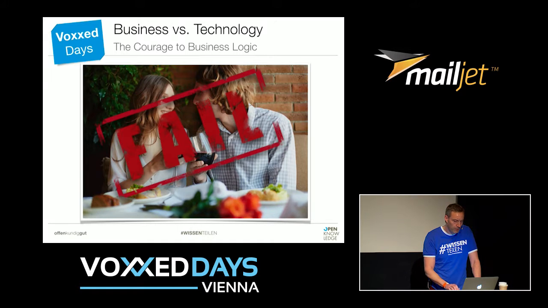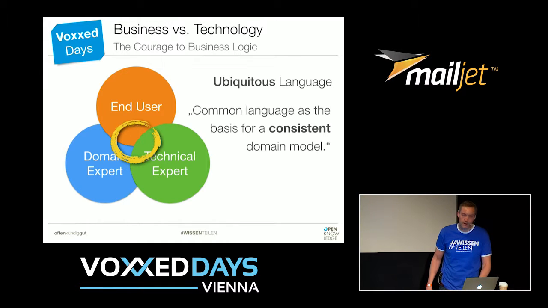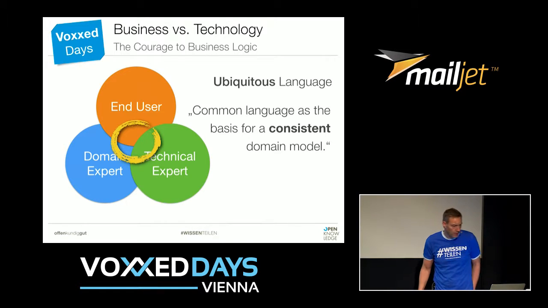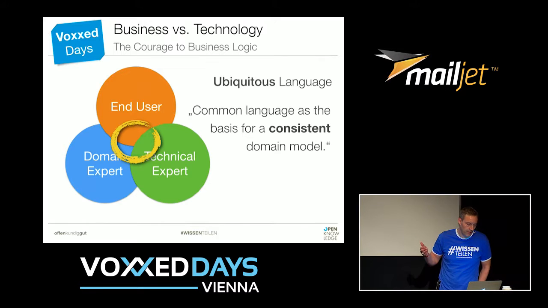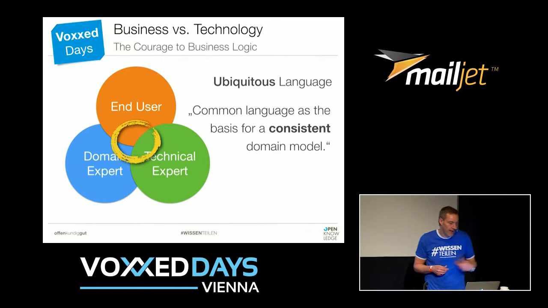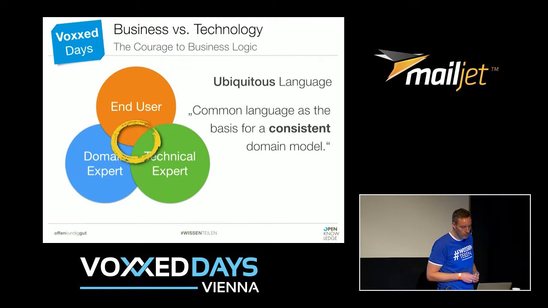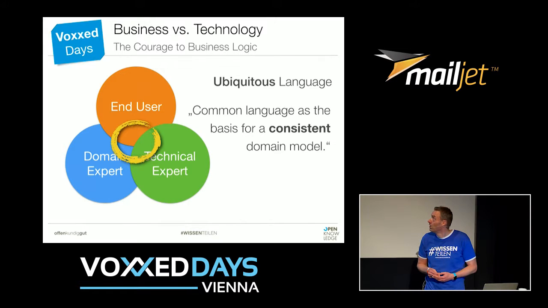So the first problem is that we have different stakeholders in our software landscape. We have the technical expert who thinks like I showed before. We have an end user who has a more human language, and we have a domain expert, of course, who has a more business-specific language. And what we really need is a common language for all of these three parties to be able to communicate together.